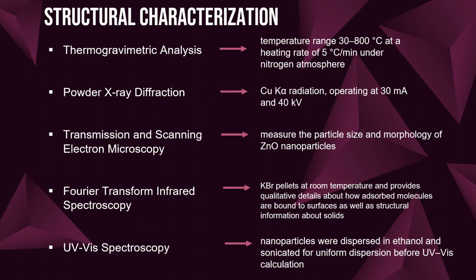In the transmission mode, FTIR spectroscopy provides qualitative details about how adsorbed molecules are bound to surfaces as well as structural information about solids. And lastly, a Mettler-Toledo spectrometer was used to record the UV-Vis absorption spectra. The nanoparticles were dispersed in ethanol and sonicated for uniform dispersion before UV-Vis measurement.